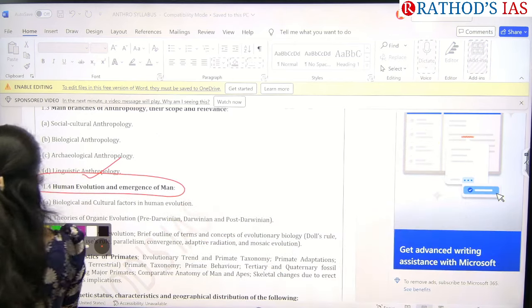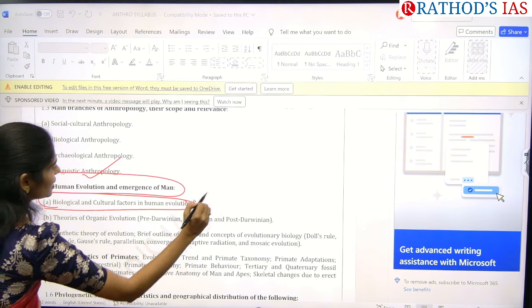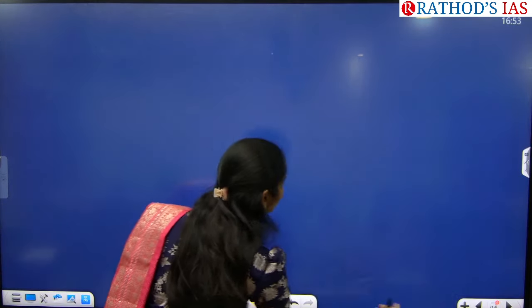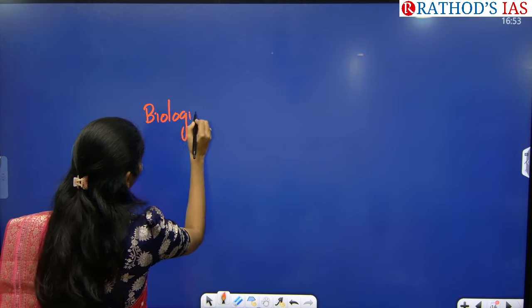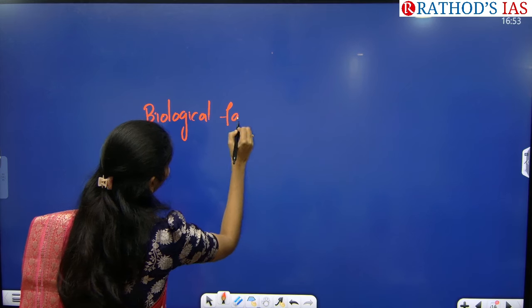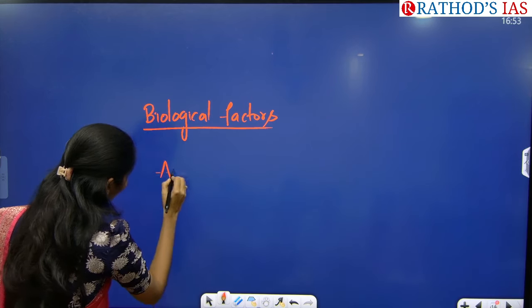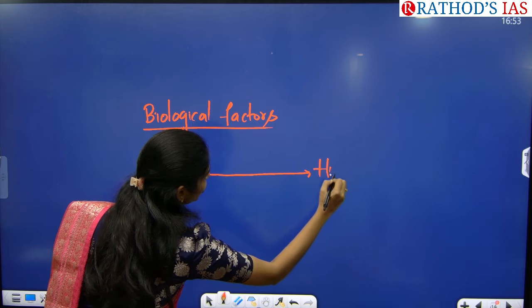The first point given here is biological and cultural factors in human evolution. So here we will be studying what the biological factors are. Humans evolved from apes, through different stages, finally the human being.